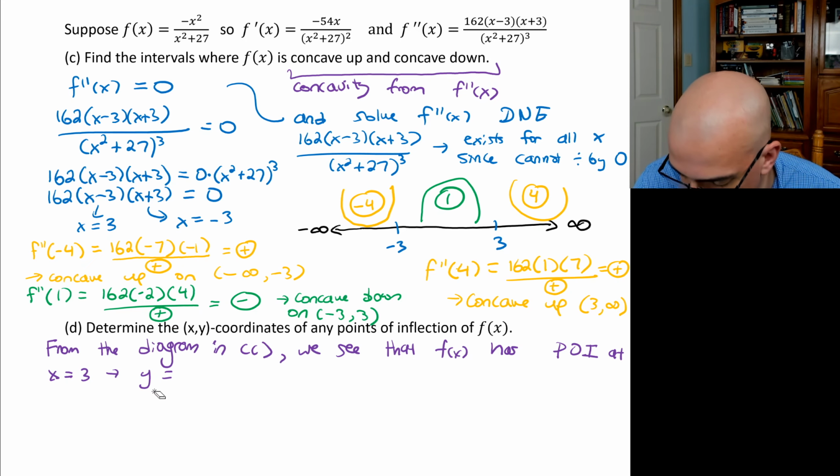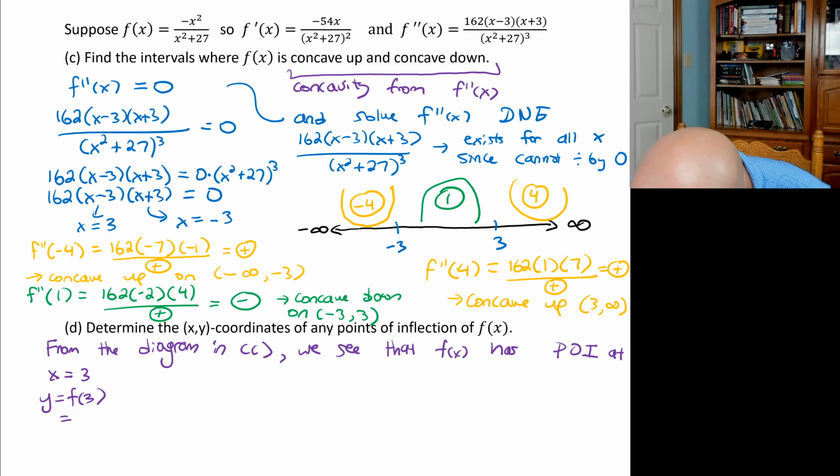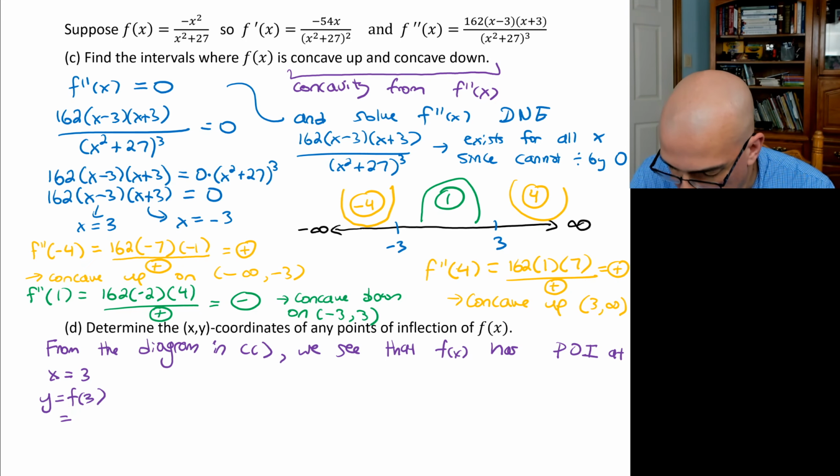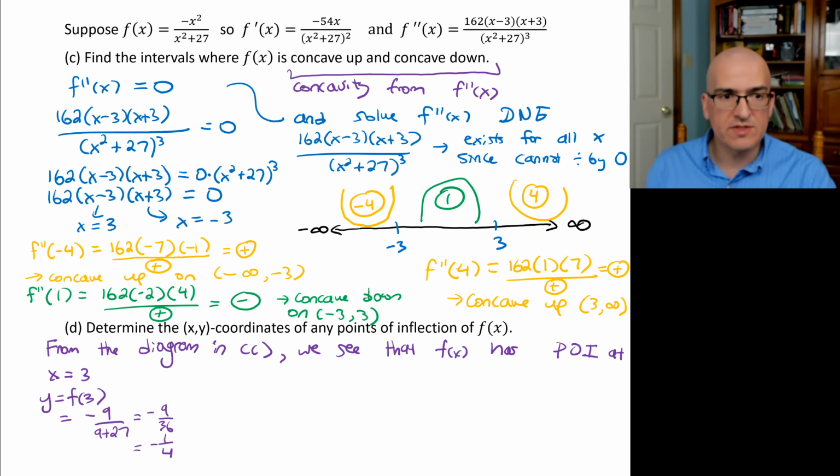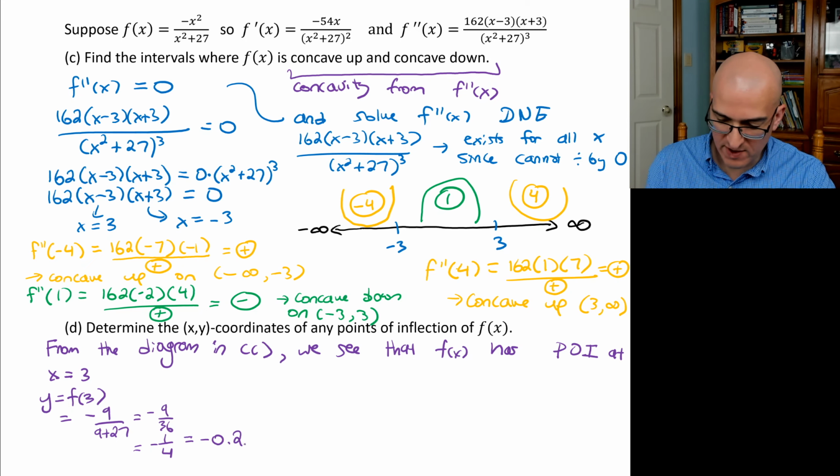Y is equal to f of 3. So that's going to be -9 over 9 plus 27. So -9 over 36, which is -1 over 4. We're going to have to make a sketch of this, so knowing that 1 over 4 is 0.25 might be helpful. -0.25.